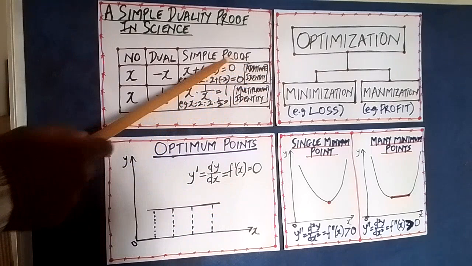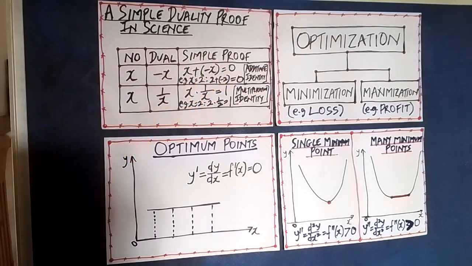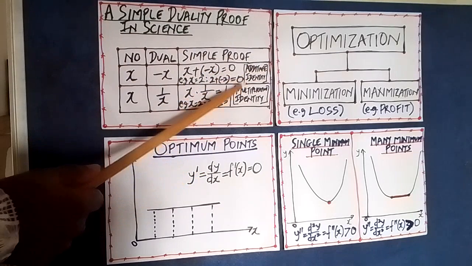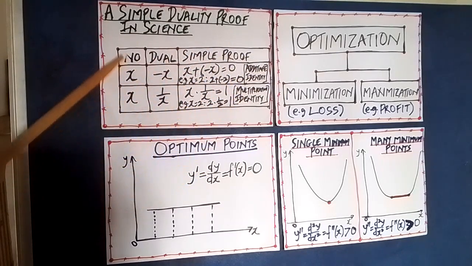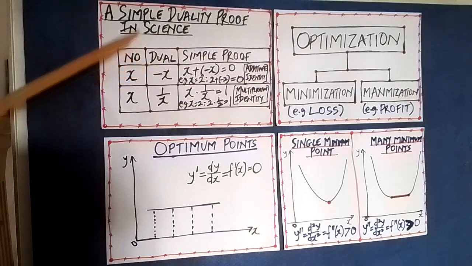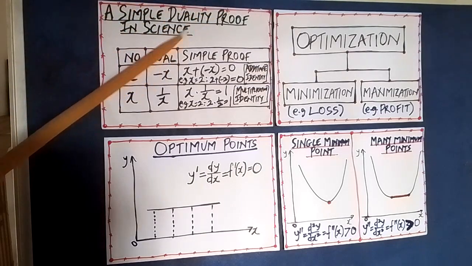And when you add 0 to any number, you are also going to get that number. So that explains the additive property and the multiplicative property in establishing duality using mathematics, which is a very good representative of science, because mathematics talks about truth, it's an exact science.